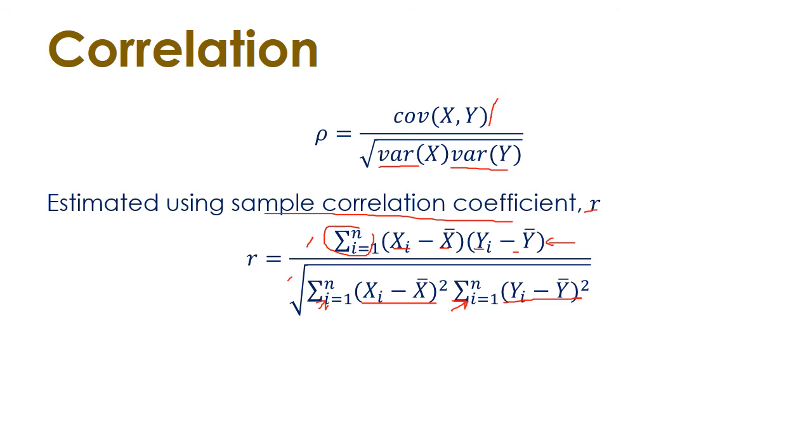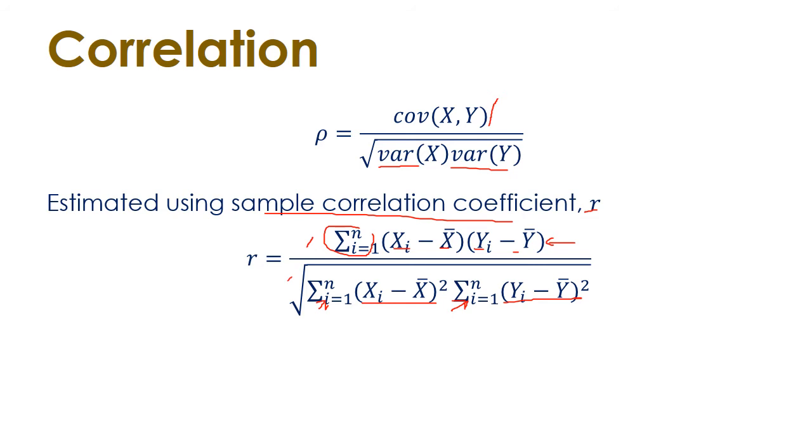And then here you've got the variance: you get the deviations and you square them, and then you sum. Here you sum for y, and here you sum for x. Now the n cancels out, because you are dividing by n in the numerator and in the denominator, and that's why you don't see any n in this formula.